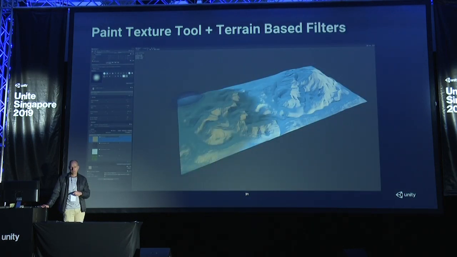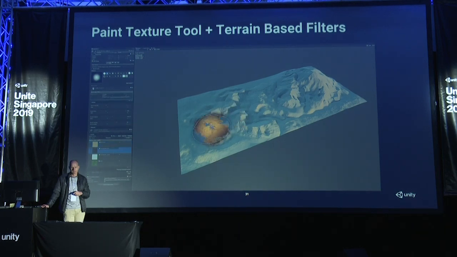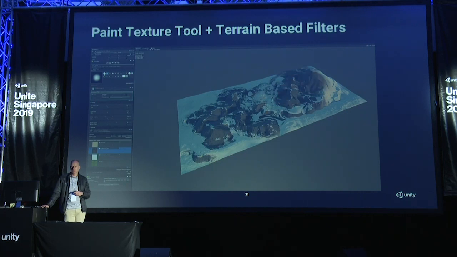And here's another example. So we're going to paint everything a single color. Come in here and then just paint everything within a certain height range. So I've painted the mountains in and then the ground's been left alone.